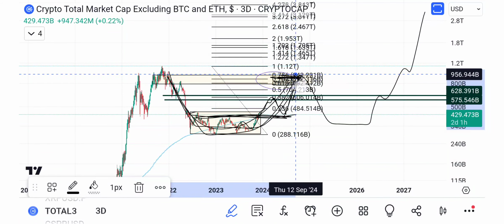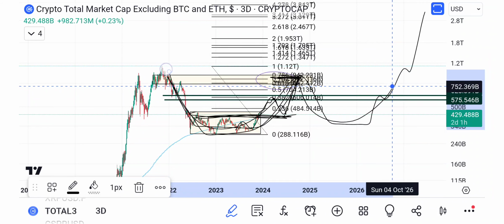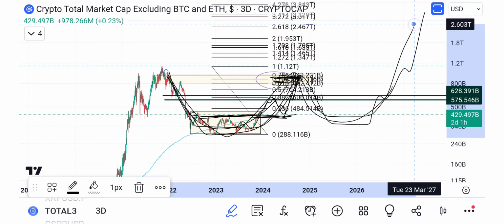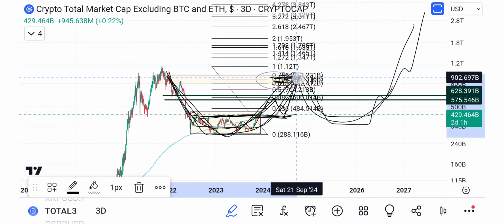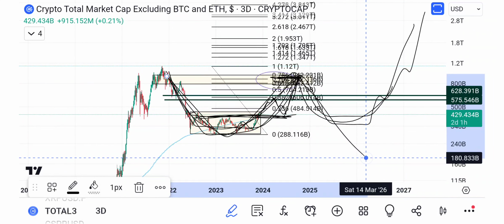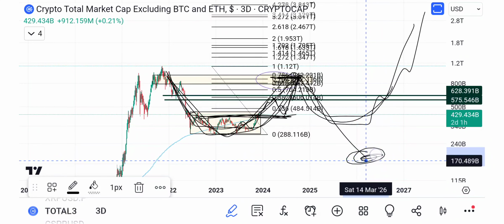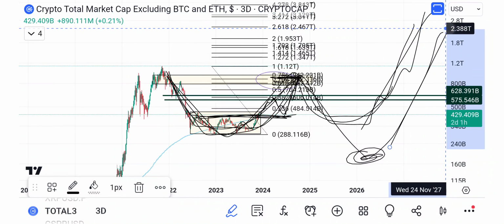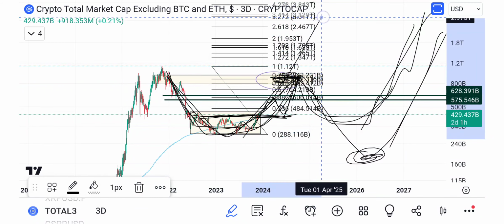That would be like a cup and handle right in here. So it'd be crash, retrace, reaccumulation, sideways, blast off, just like the XRP example I shared. That would be my primary idea. Idea number 2 is this is A, B, and then we come all the way down to C, and then we blast off. But notice, every idea, every count says we go higher. If we break this, we go higher.